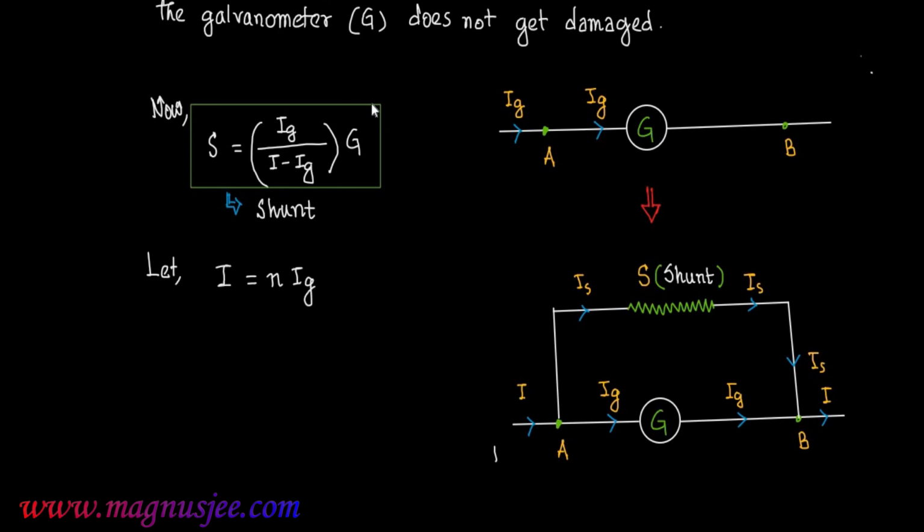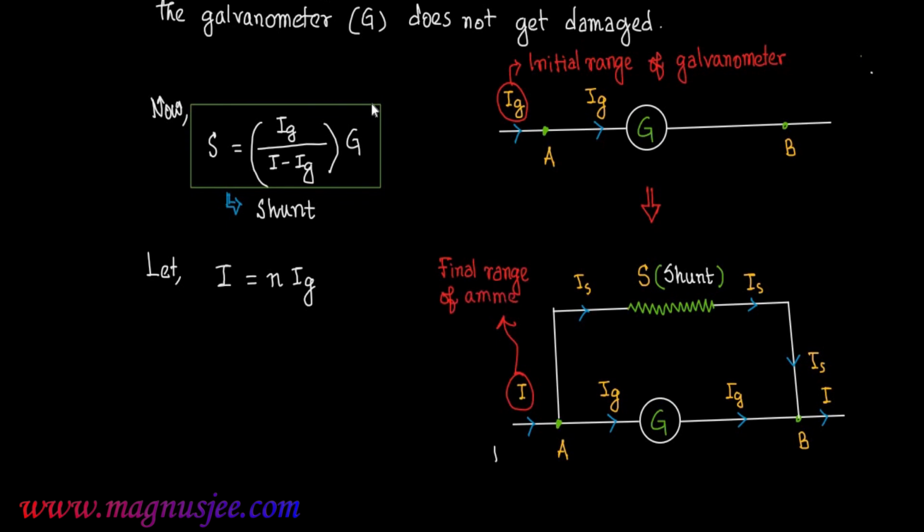That means the main current I is n times the maximum permissible current Ig. Here Ig is the initial range of the galvanometer, and I is the final range of the ammeter. We have to increase this range from Ig to I, so that I equals n times Ig.